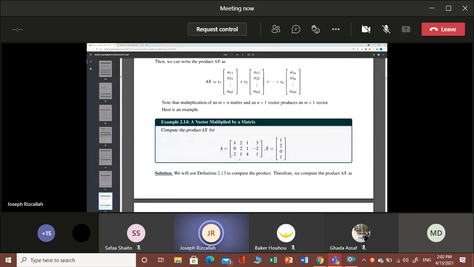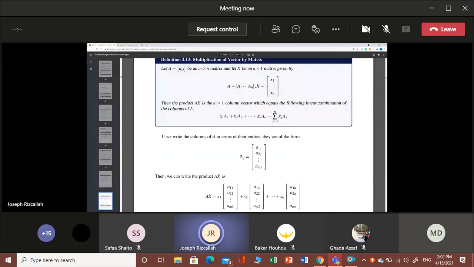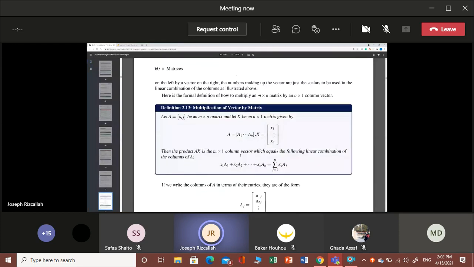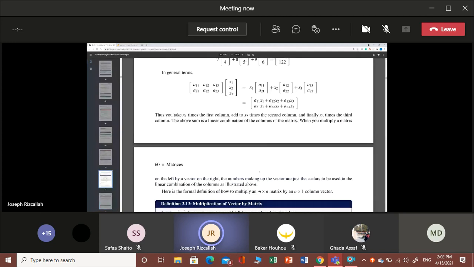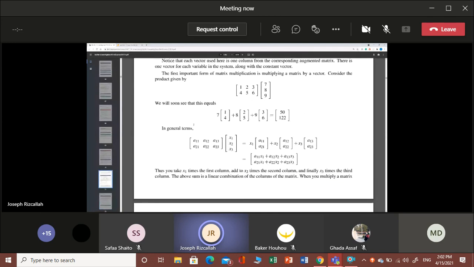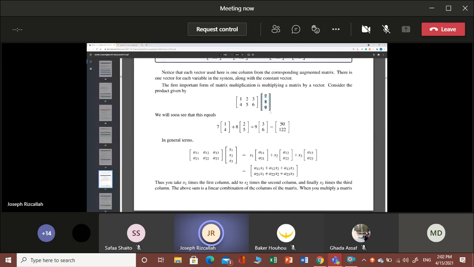The book is introducing first the multiplication of a vector by a matrix, but effectively we can do it this way. So let me first introduce the multiplication of a vector by a matrix. Here we have a vector and here we have this matrix, and I want to define a new operation, which is the multiplication of this matrix by this vector.